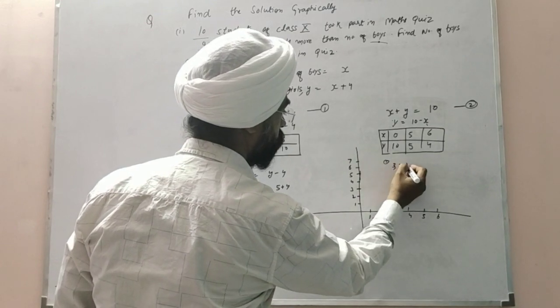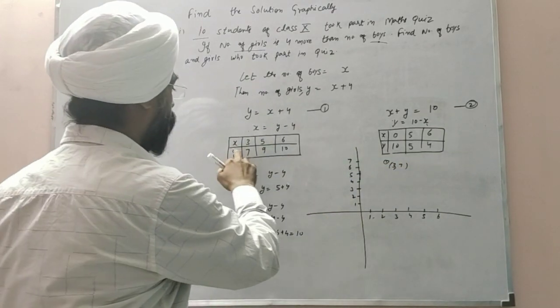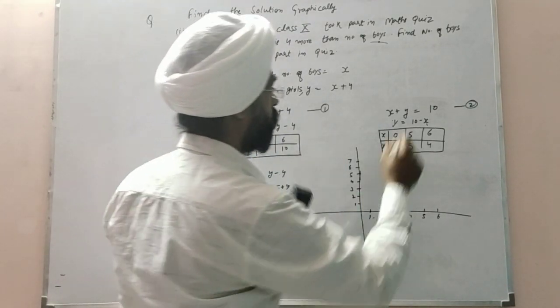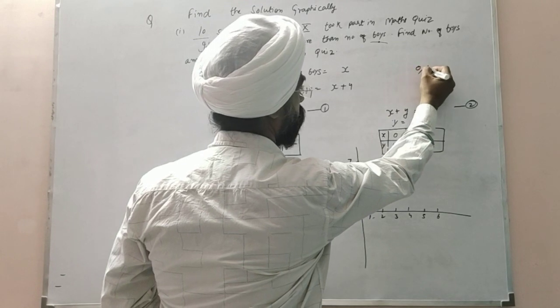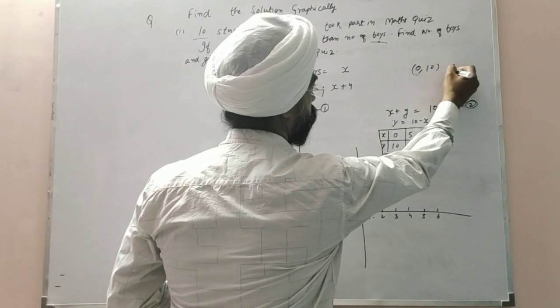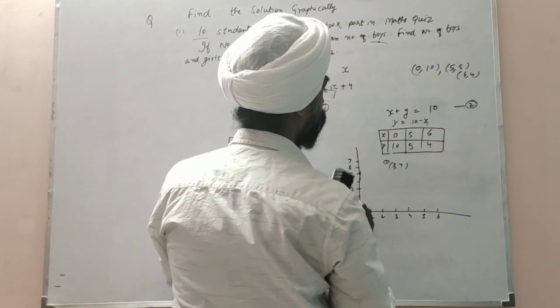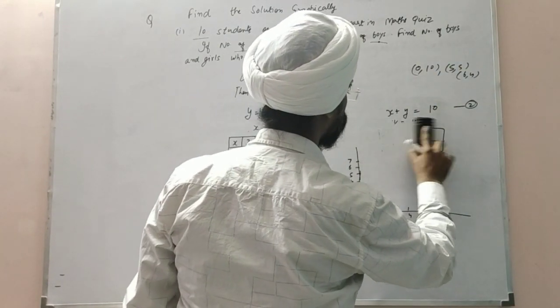Second point, x 5 and y 9. I can write these points for the second equation: 0, 10; 5, 5; and 6, 4. These are to be taken from this equation.